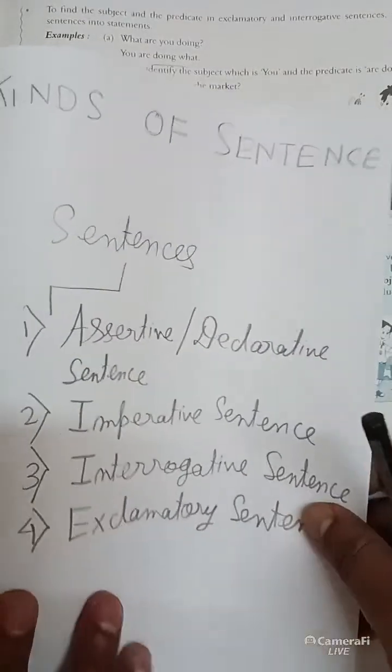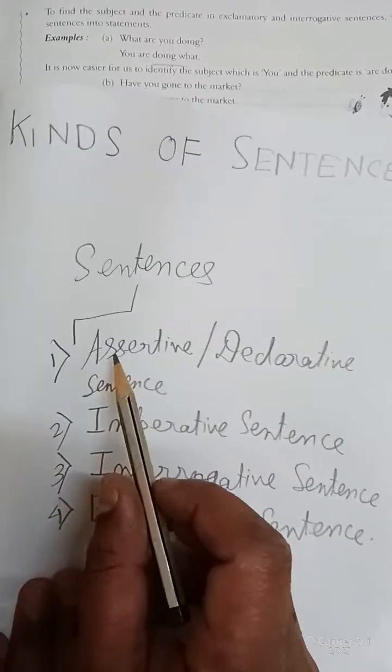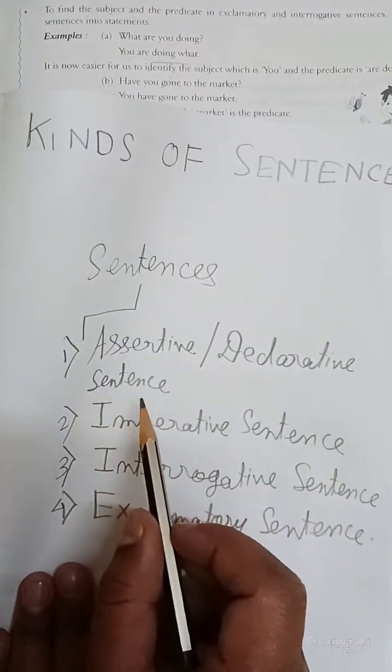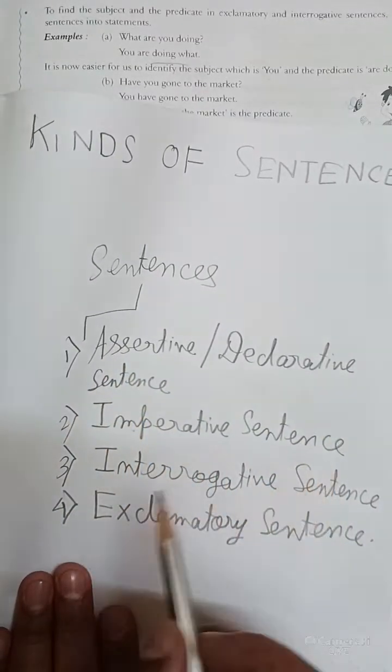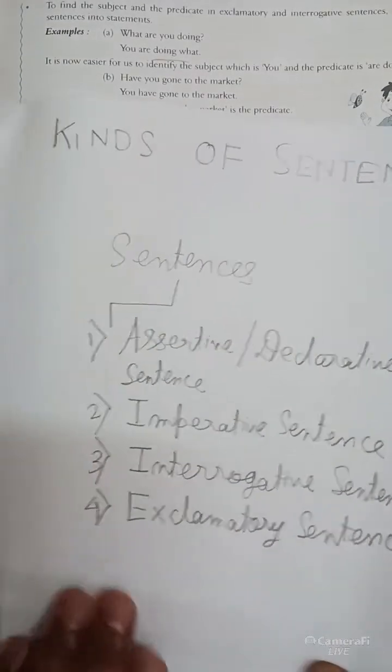So, these are the four types of sentences that we have: assertive sentence, imperative sentence, interrogative sentence, and exclamatory sentence.